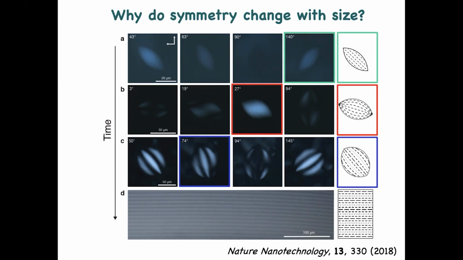And now, as these particles go through nucleation and grow, the symmetry of the rods, of the fibrils inside the droplet, changes versus time. The volume changes, and the symmetry of the director field changes. If the particle is very small, in the early time, we know that the fibrils are all aligned perfectly in a homogeneous way.